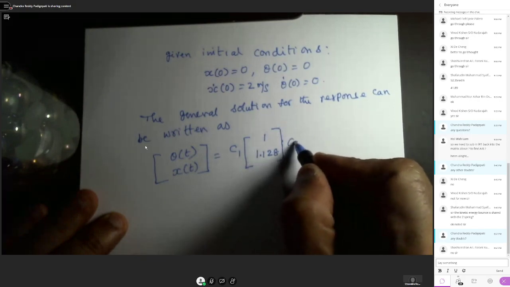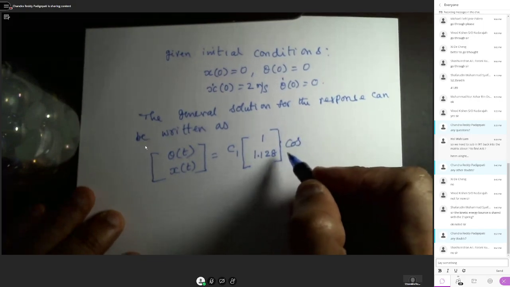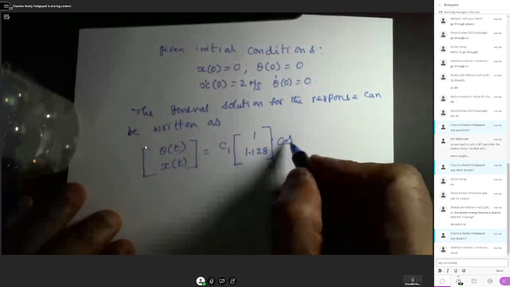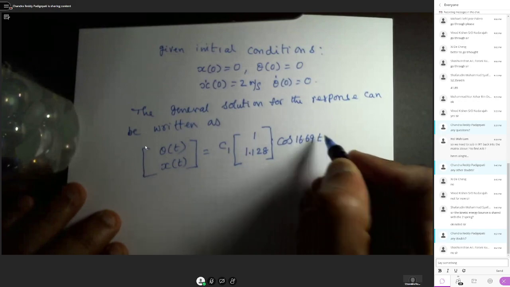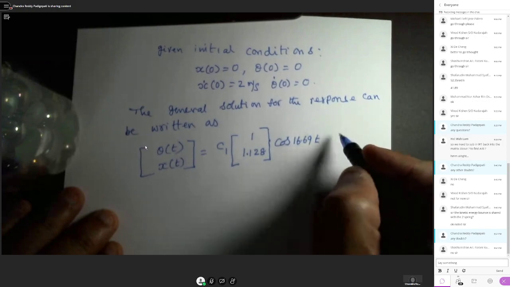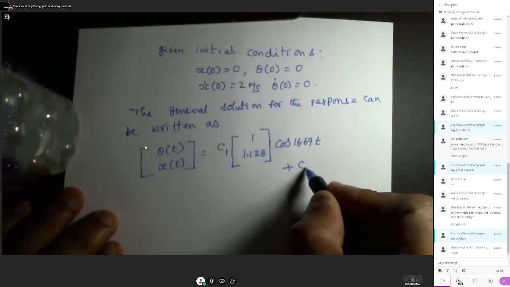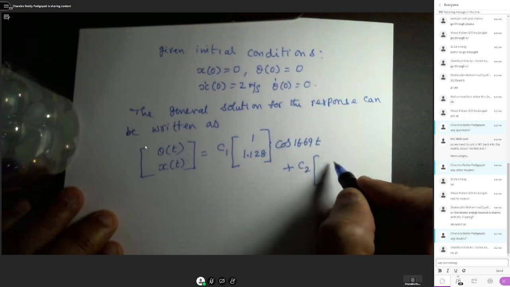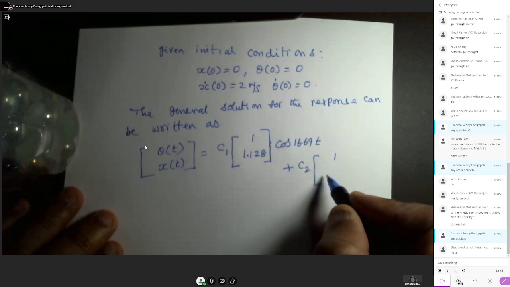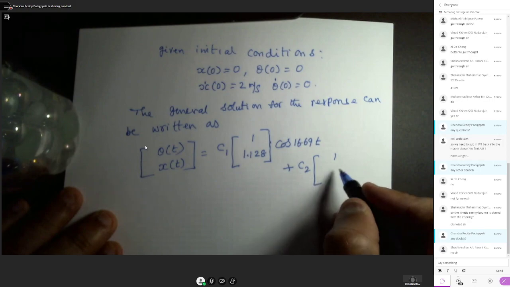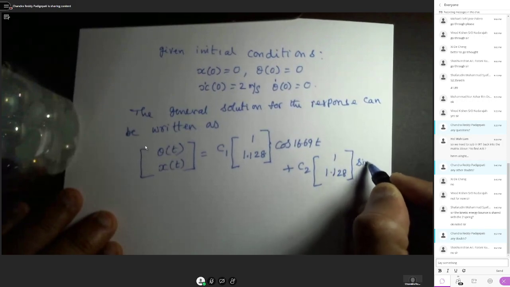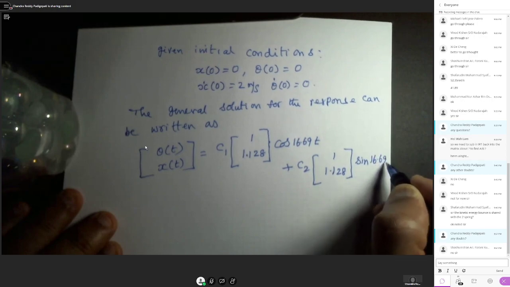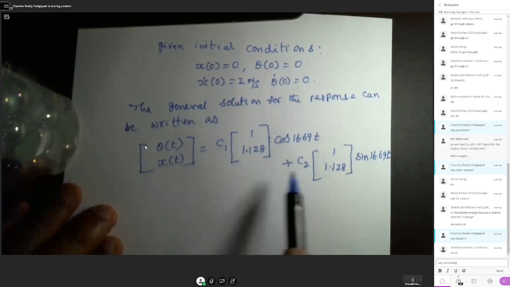Then we write cosine omega 1 t, where omega 1 is given as 16.69 t. Then plus C2, the mode shape 1, 1.128, and sine 16.69 t. So we can write it in terms of cosine and sine.